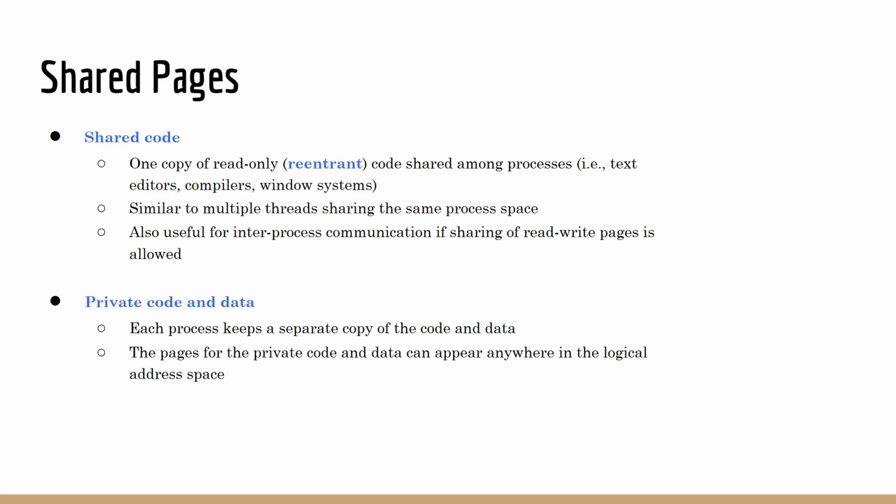Without sharing, if 40 processes were running at the same time, each process would need its own copy of libc in memory. That is basically 80 megabytes of RAM if the library is 2 megabytes.